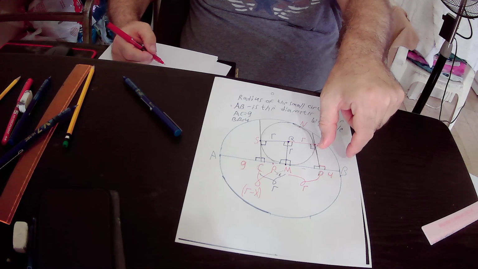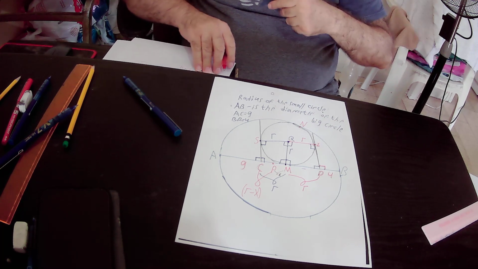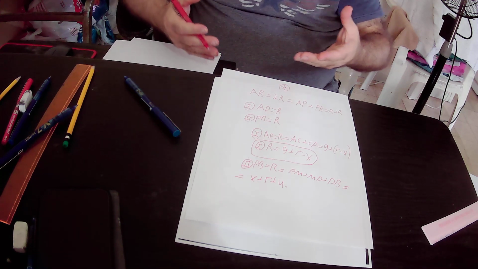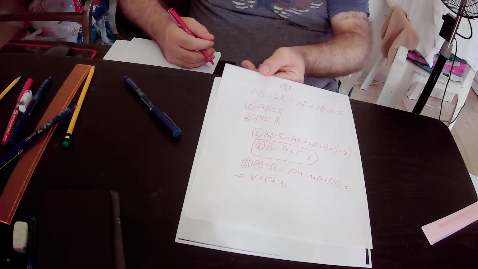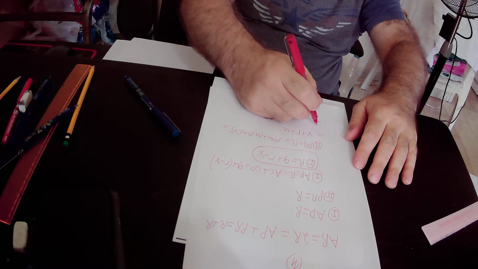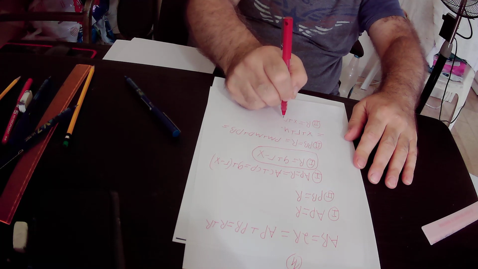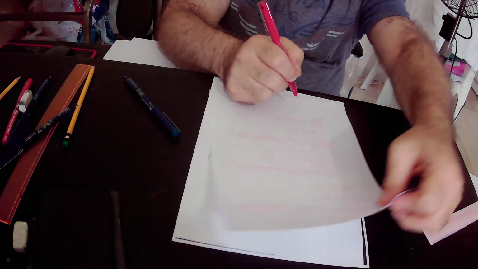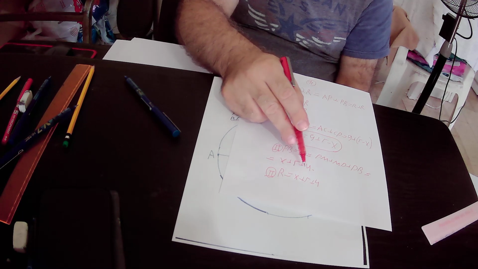DB equals 4 units. It is given in the question. So in total we got that PB, that equals the radius of the big circle, equals x plus small r plus 4. So according to equation number 2, the radius of the big circle equals x plus small r plus 4.